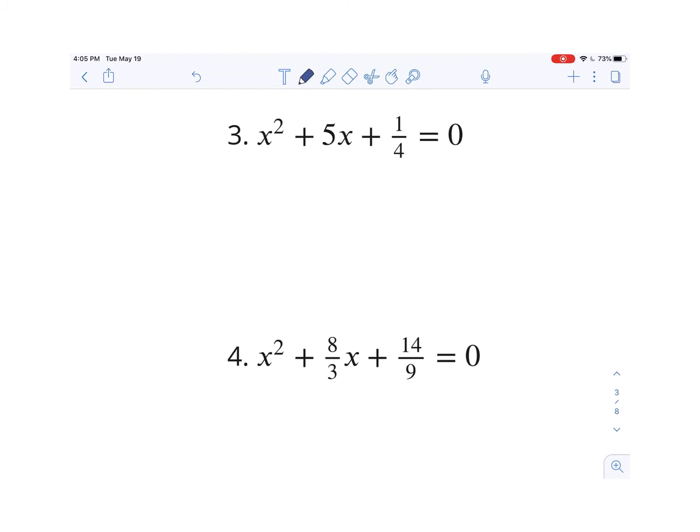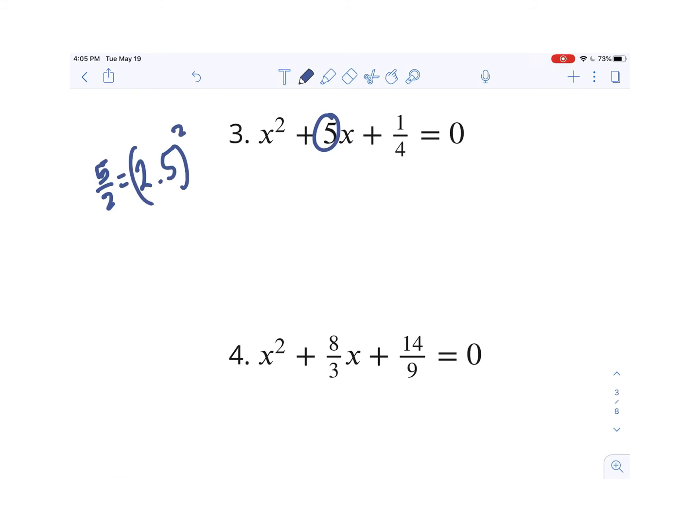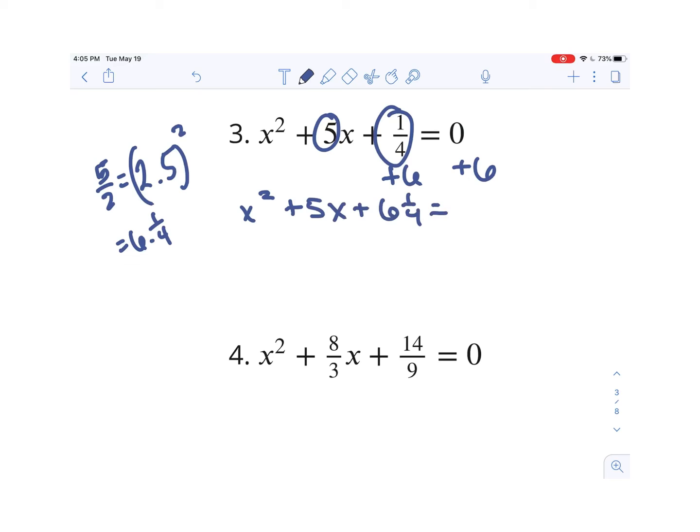All right, so if I'm going to complete the square, here at 5, half of 5 is 2.5, and 2.5 squared is 6.25. So I need to basically add 6.25 to both sides to get a perfect square. And then I can factor.